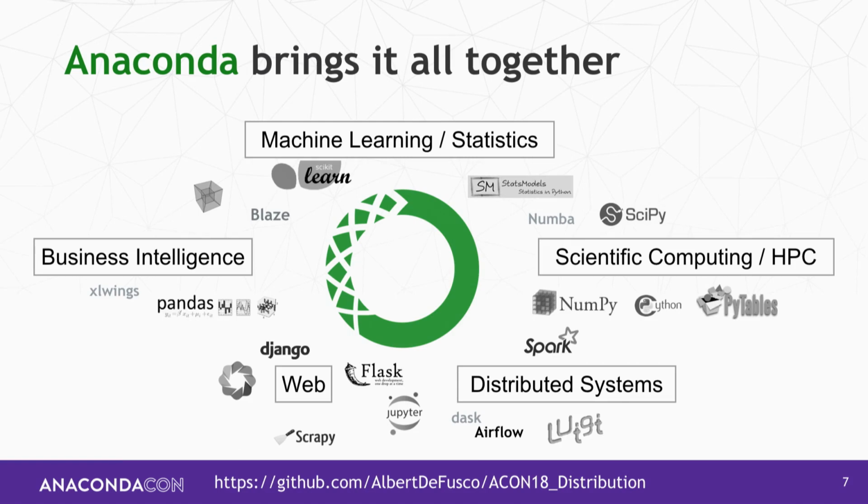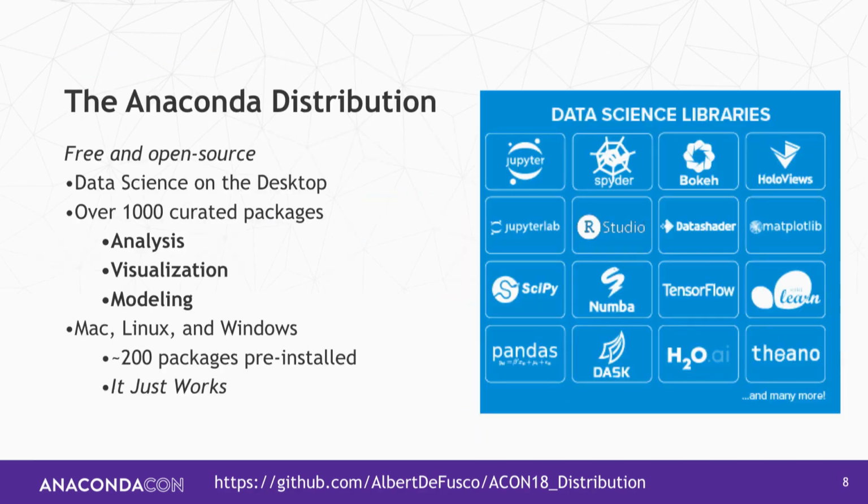So the thing we're talking about today is called the Anaconda Distribution. Always free and open source, it gives us access to 1,000 or more curated packages for doing all of those components of data science. Whether it's developing code or making plots, doing our machine learning and our AI, and connecting to our data.